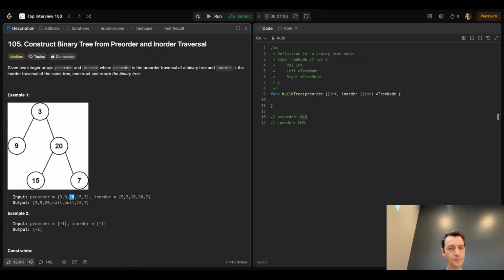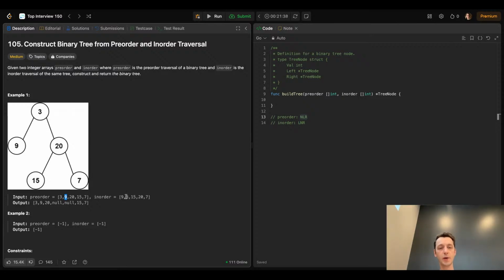Now we need to know, is there anything on the left and on the right? If there is something here, then we know that this next number is either a left or right, based on preorder. But we don't know which one.